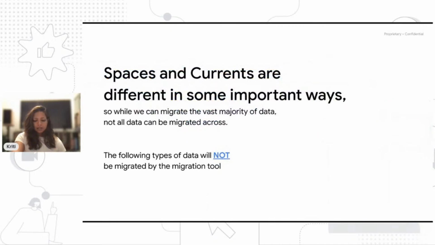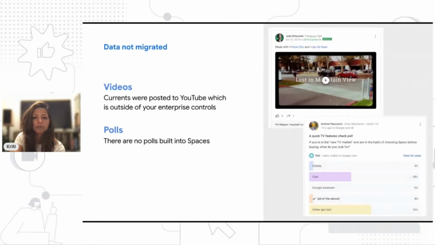Okay, I now want to quickly talk about some features or some data that will not be migrated to Spaces. Spaces and Currents are different products, and they're different in important ways. Our goal is to be able to migrate as much data as possible, but there are limitations to some of the data types that we can migrate over.